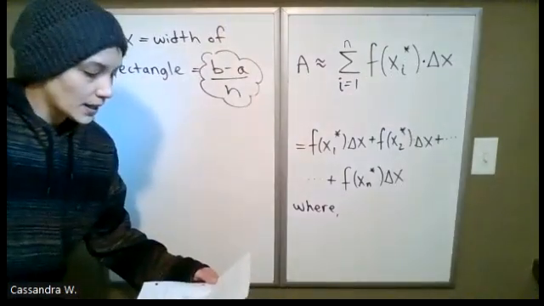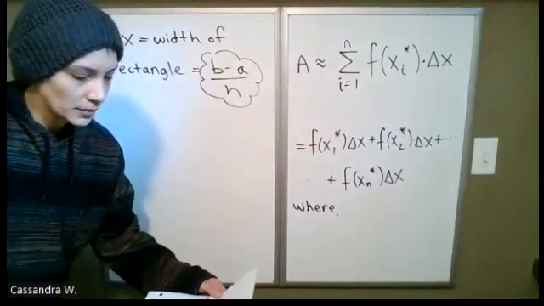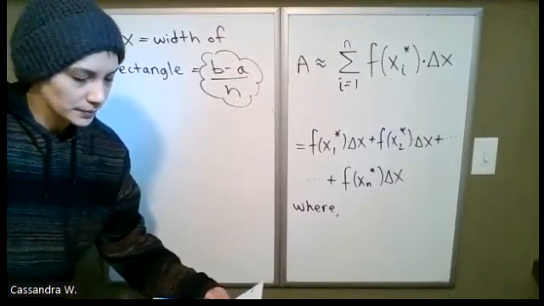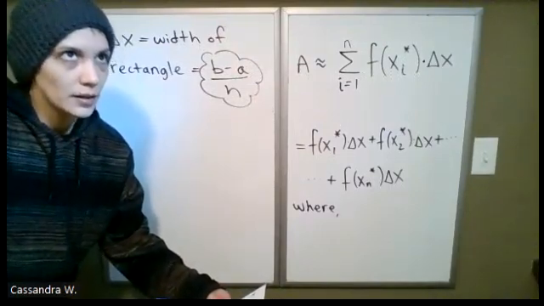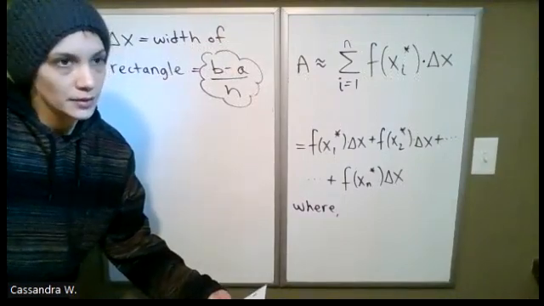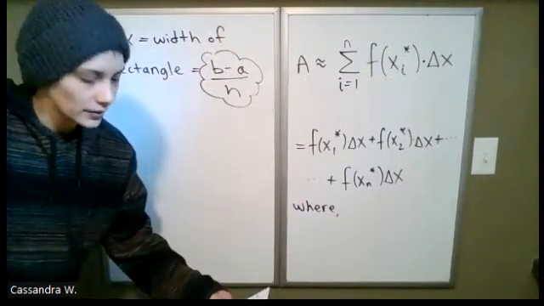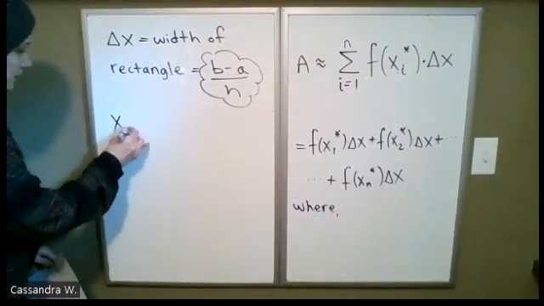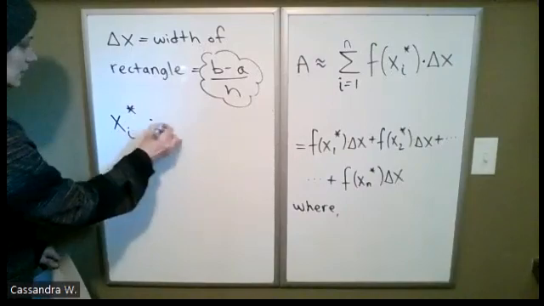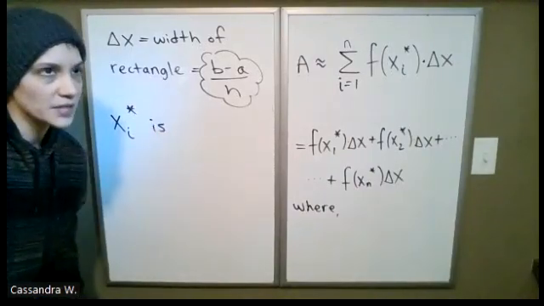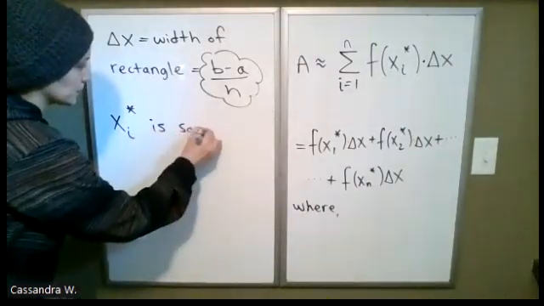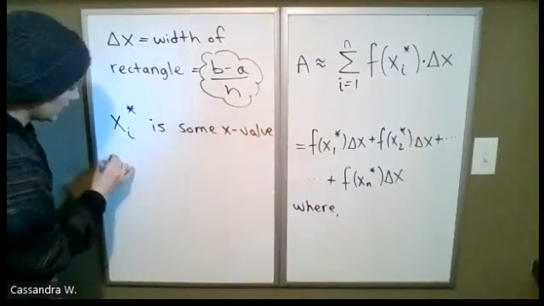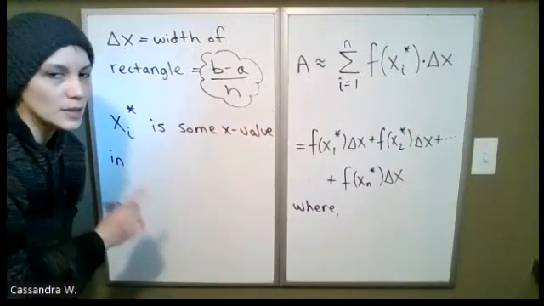Okay. X sub i star is some number in the ith subinterval. It's going to be either a number at the far right end or left end or middle or whatever. So x sub i star is some x value in the subinterval.